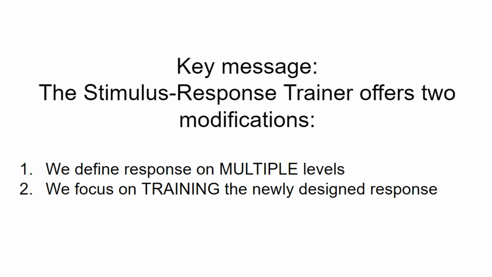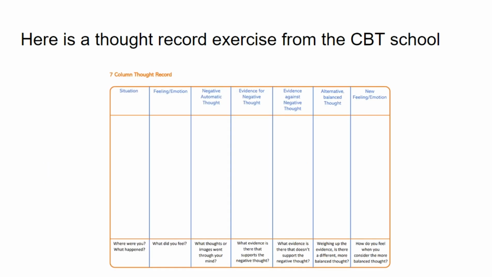In short, I elaborated on the first point in some other videos, but let me dive into more details here and show the differences with the CBT tools. This is the so-called thought record exercise, one of the classic CBT tools.